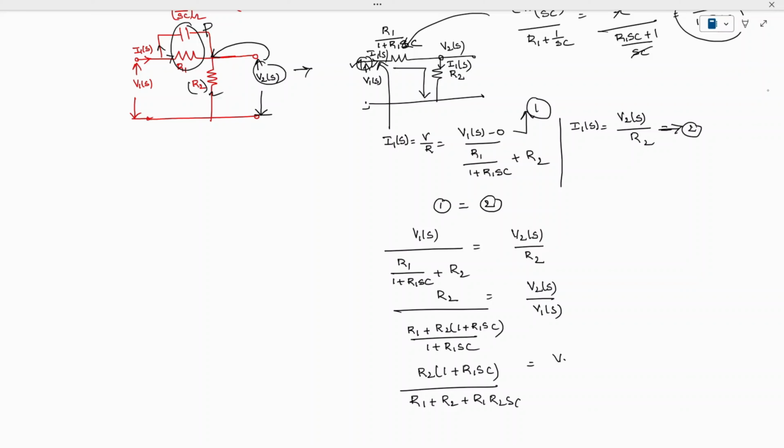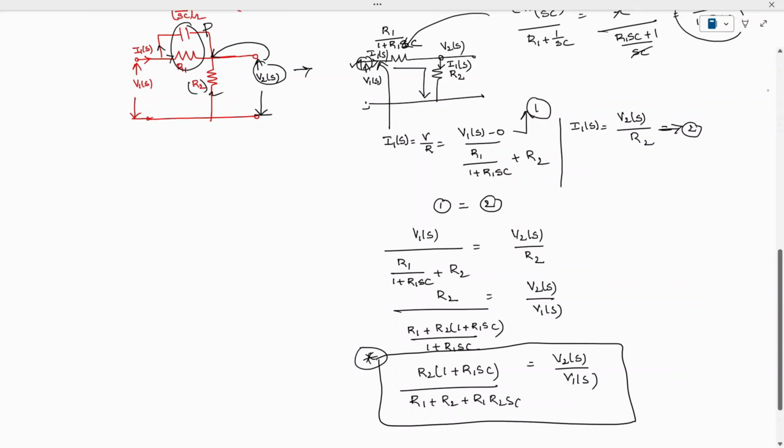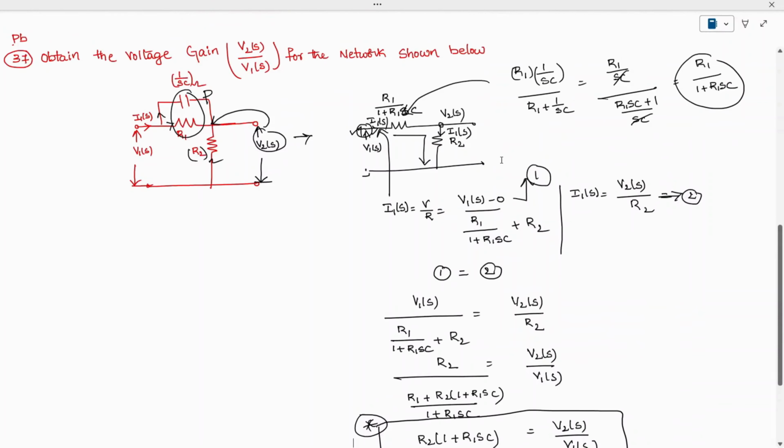This is the voltage gain V2(s) divided by V1(s), the formula for the voltage gain of the given network. This is how to find it: I find the common current and use nodal analysis.